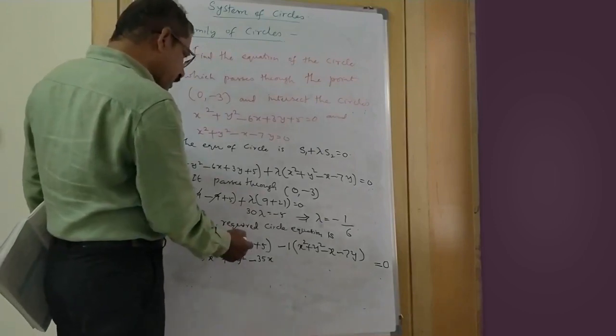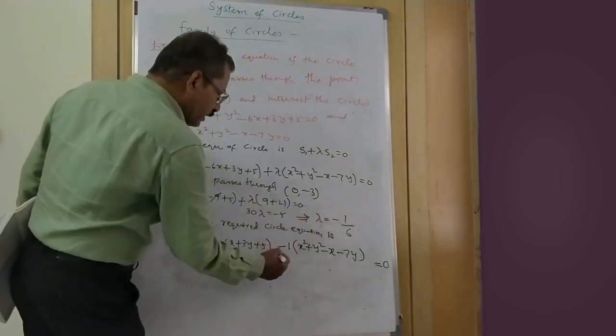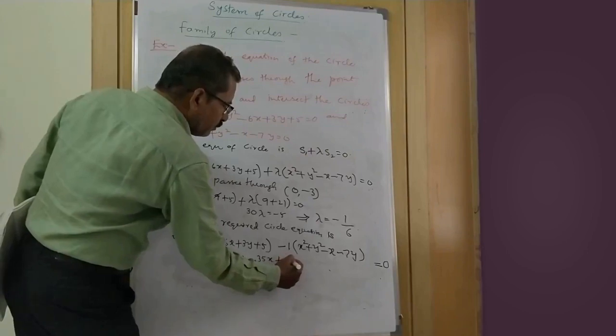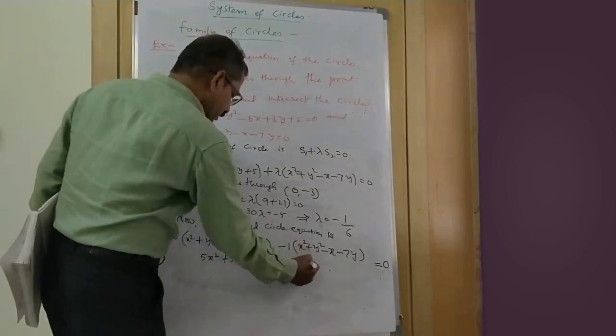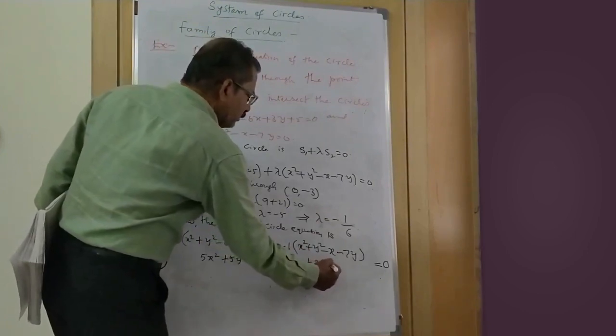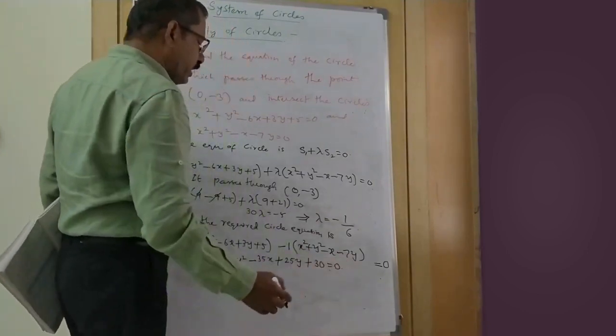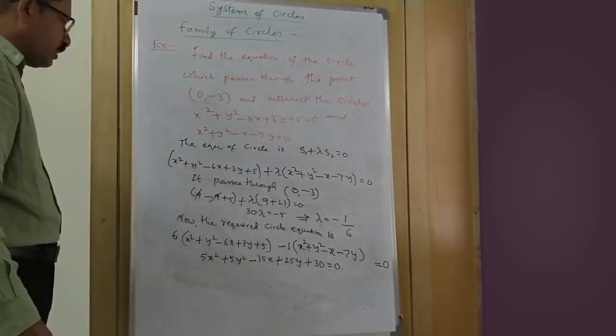Next 6 times 3 is 18y plus 7y is 25y, and 6 times 5 is 30. So 5x² + 5y² - 35x + 25y + 30 = 0 is our required circle equation.